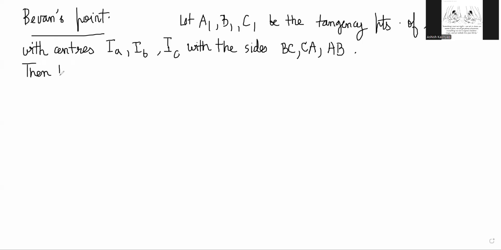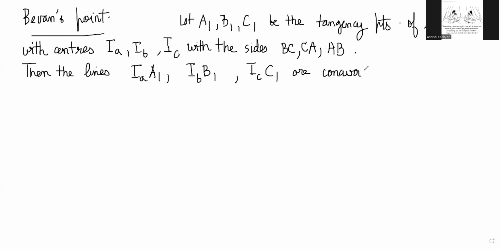Then the lines IA A1, IB B1, and IC C1 are concurrent. That is what you need to prove, and this point of concurrency is known as Bevan's point.